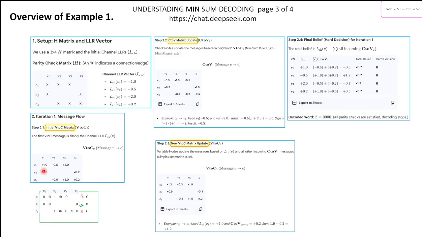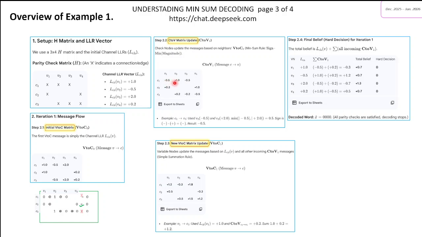The product of these two signs is plus, so plus is affixed here, and the minimum magnitude of these is this one. Then this one is sent with these two indicators, V1 and V2. The product sign is minus, so minus is affixed here, and the magnitude of this one is smaller. That's why it is called min sum. The sum is understood later, but in the C2V matrix update, the minimum value is passed.